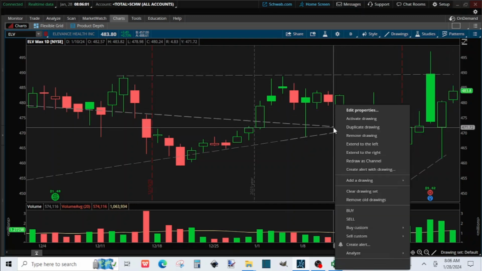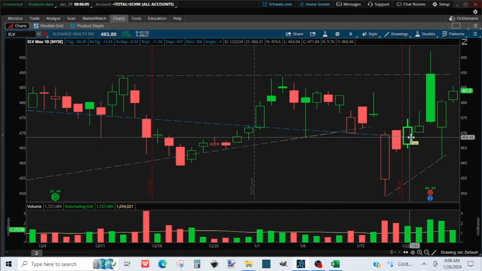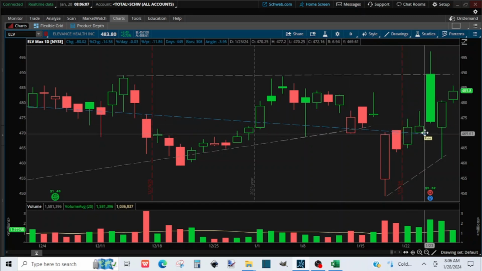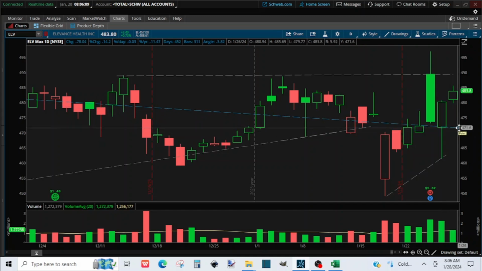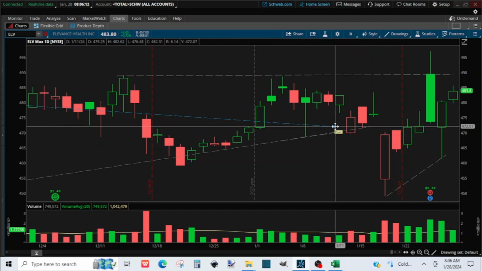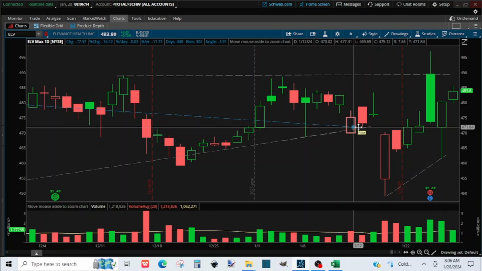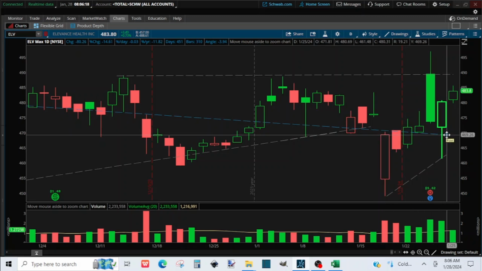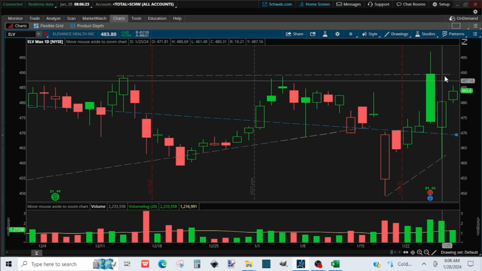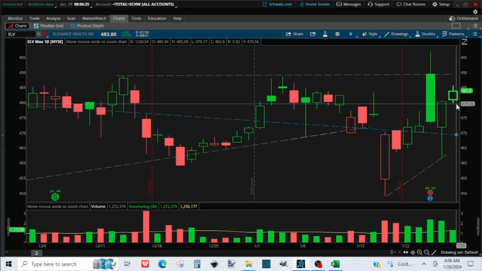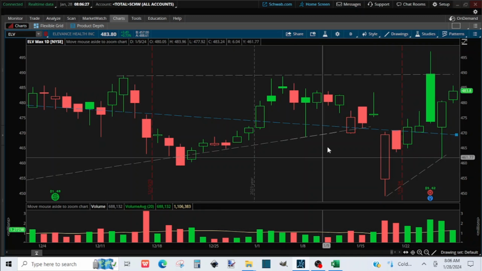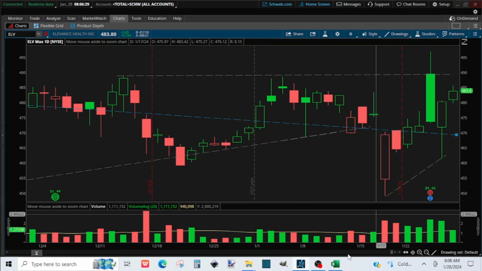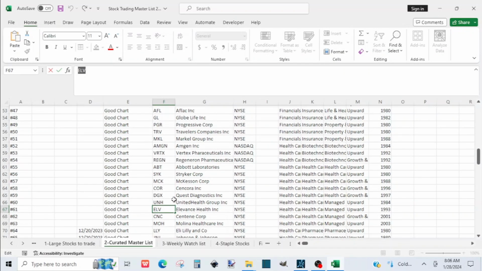This is the downtrend that we are trying to break. I don't even know if I'm moving it well or not. Let me pull it out of the way so that I can pull back, and then I can try. So it needs to go up, sit on it and start going up before we consider it. When it tried here, it fell. So now let's go to the next one.